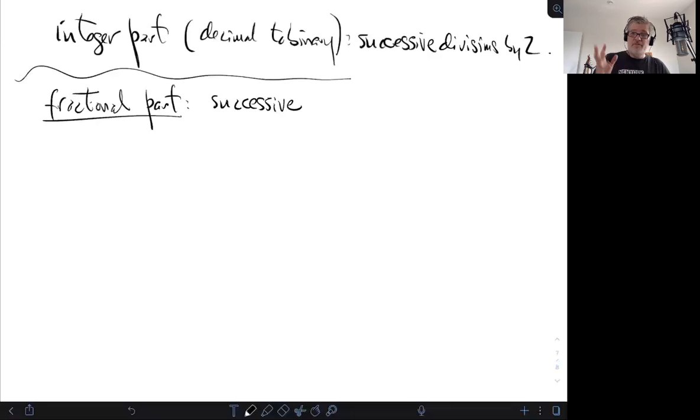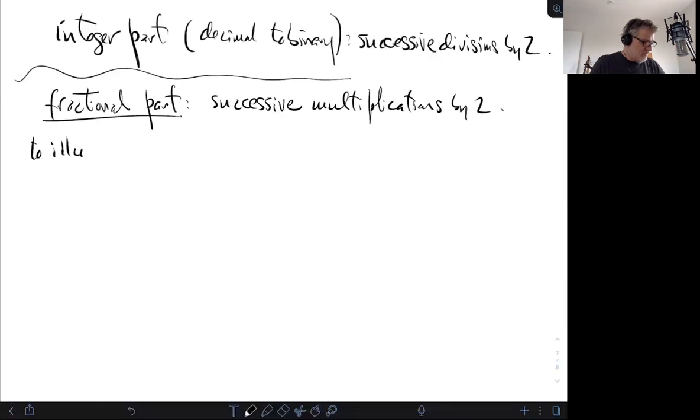It's going to look even sillier than for the integer part. But this way, you can never forget how this is supposed to work. Sorry, I'm writing too fast and it's hard to read.